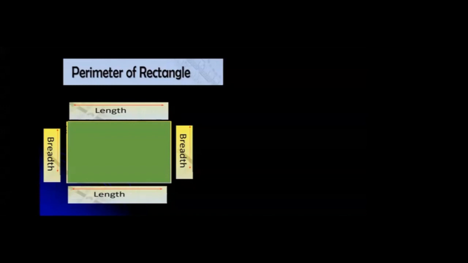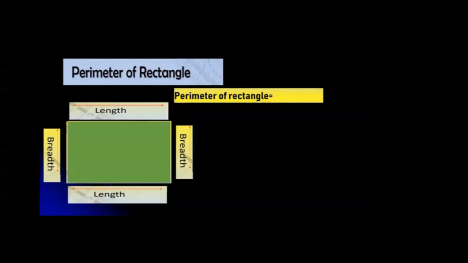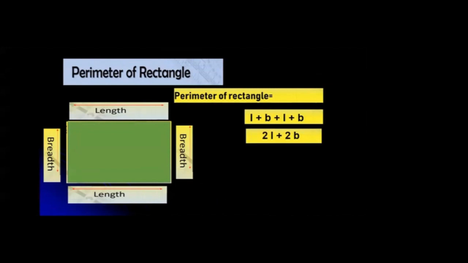Just now, children, we have seen the concept of perimeter. So what is the perimeter of this given figure? The sum of all the sides. Here there are two lengths and two breadths. So as per the things that we have seen, the perimeter of a rectangle, where there are two lengths and two breadths, will be two length plus two breadth.